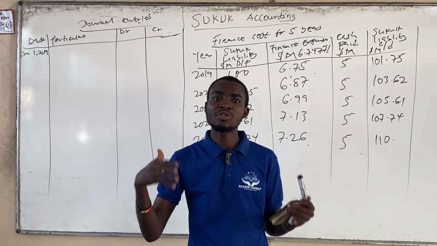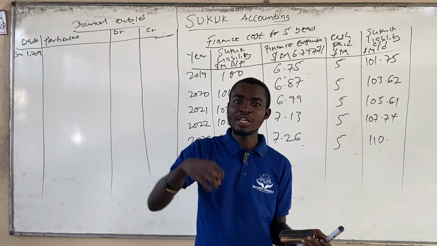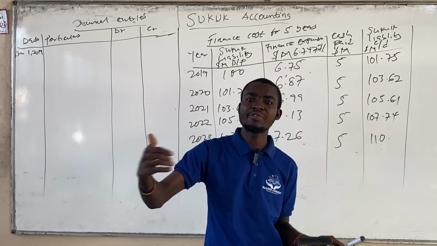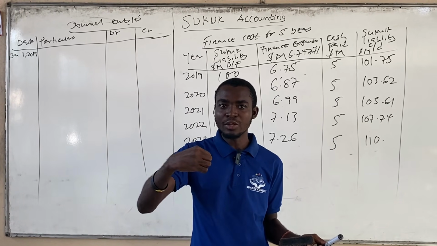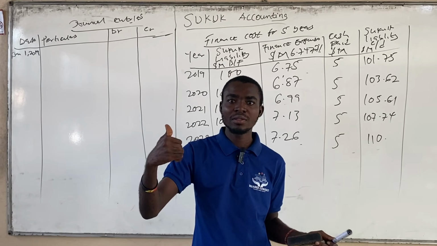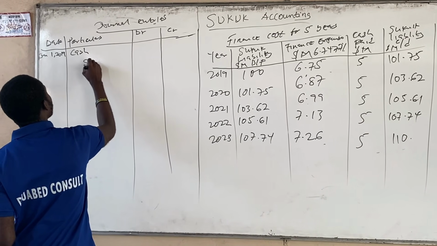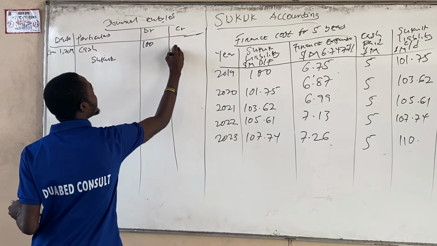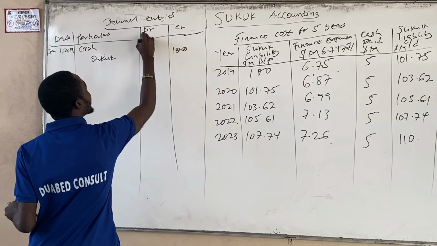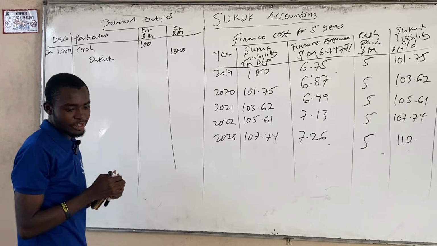Since the originator is receiving money, you are debiting cash, and then you are crediting the source where the originator is receiving money from. So in this scenario, the originator is receiving money through Sukuk. So cash, and then Sukuk, and then the amount is 100 million.